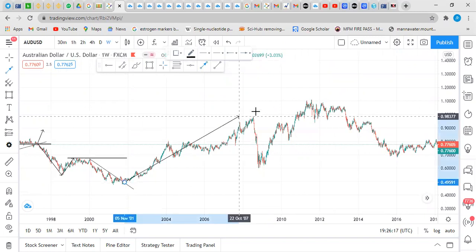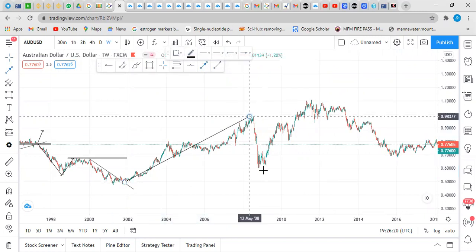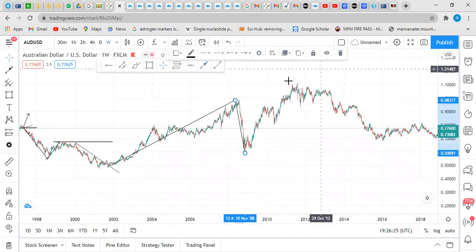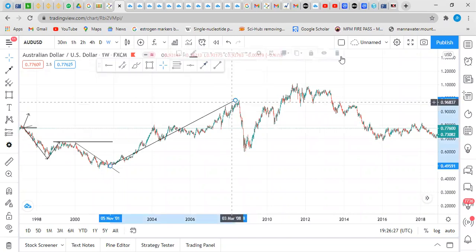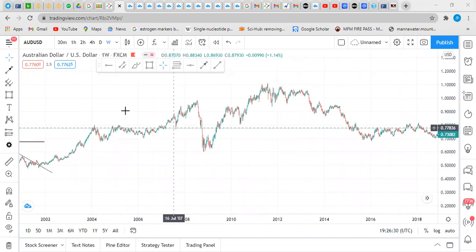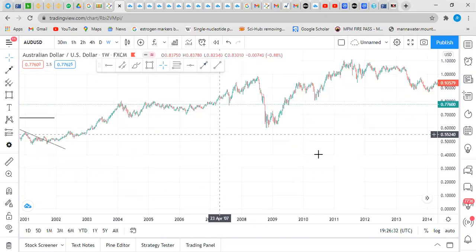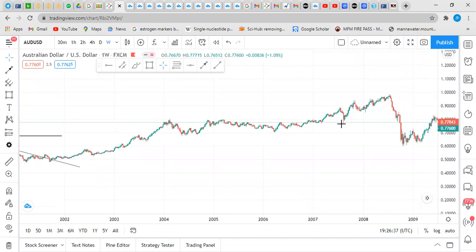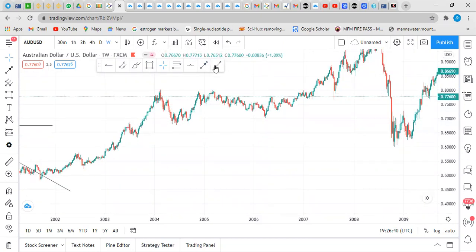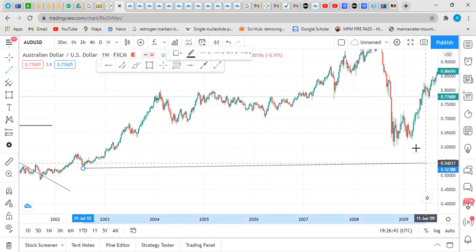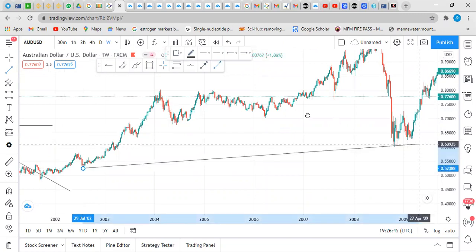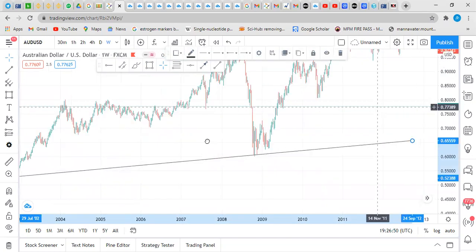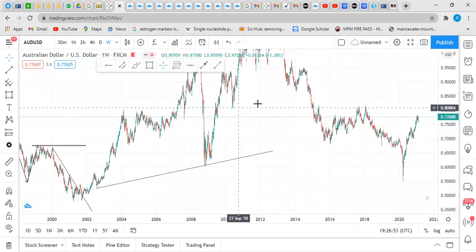So we consider this as our first swing high, and no swing low. So you can see what I'm connecting.